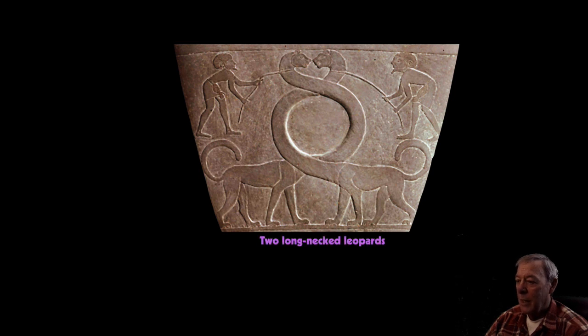Then here we see the two long-necked leopards being held by collars and leashes. And it's here that the coal would, for a practical palette, not this one, but for a practical palette, be mixed in this depression. Okay, so coal, K-O-H-L.